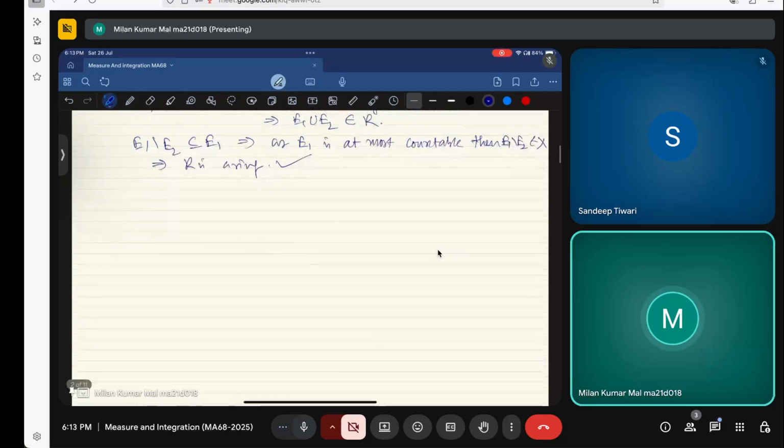Second is whether it is a sigma ring or not. A ring is said to be a sigma ring if it is closed under countable union.